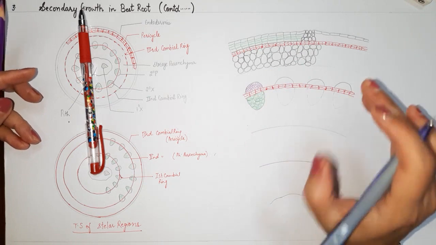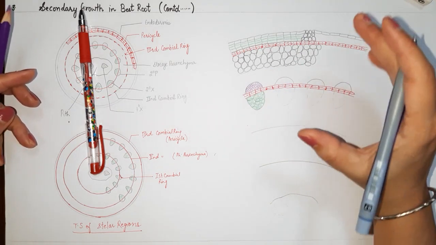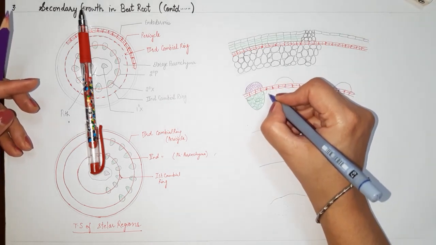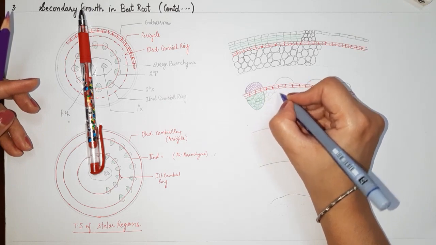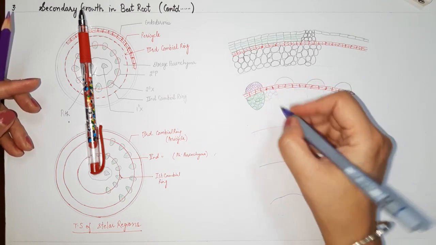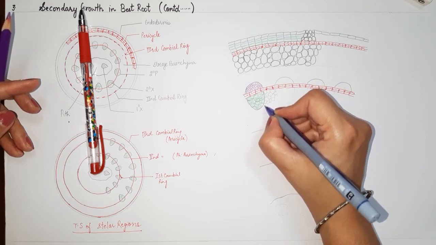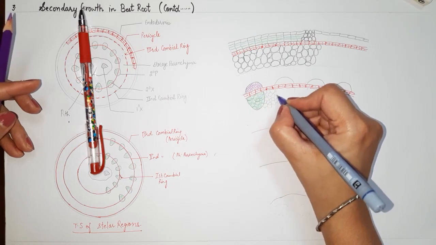and the area adjoining them. Now this region is full of storage parenchyma. So you can have a mixture of cells. In this zone where bundles are present, you can make polygonal cells, but as you move towards the downward area in between the vascular bundle rings, you can draw circular or oval cells.